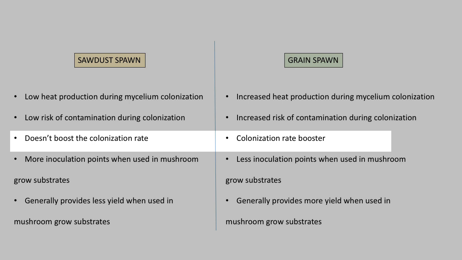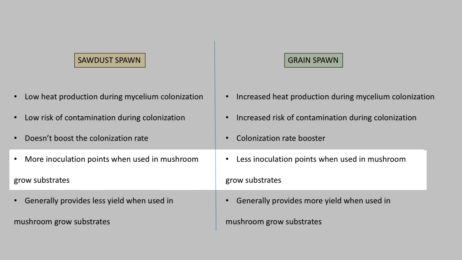Unfortunately, sawdust spawn isn't a mycelium growth booster. So try to inoculate sawdust with sawdust spawn and you will understand what I mean. Also compare it to grain spawn inoculum.